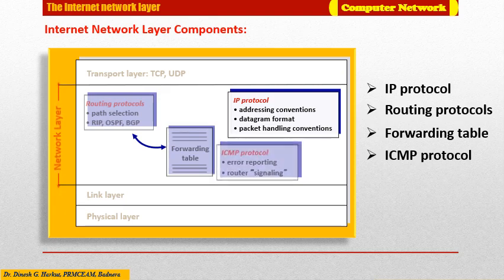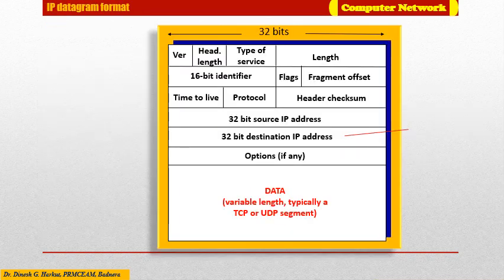The final component of the network layer is the ICMP protocol, a facility to report errors in datagrams and respond to requests for certain network layer information. We will cover the internet's routing protocol and the Internet Control Message Protocol, that is ICMP, in a succeeding session.